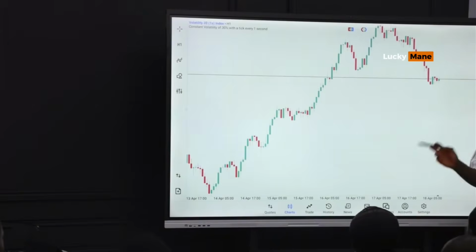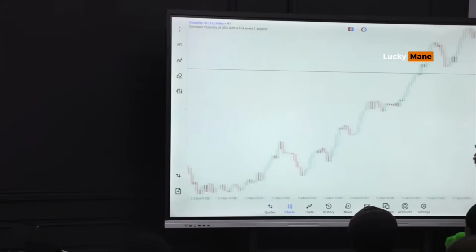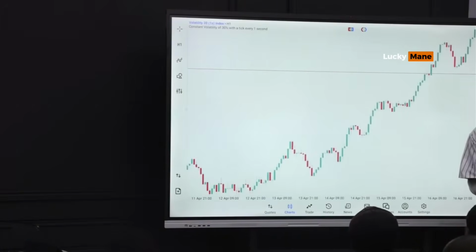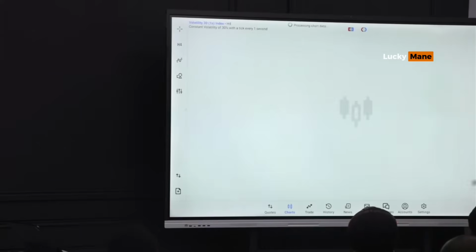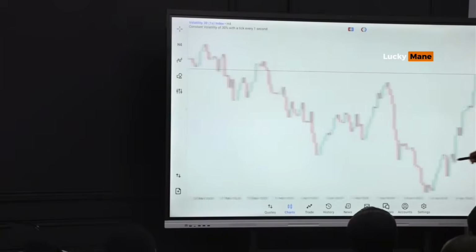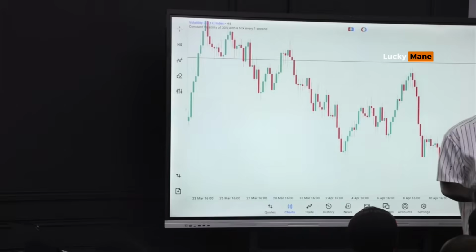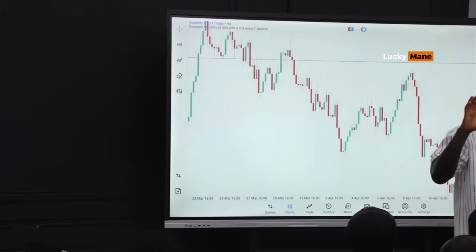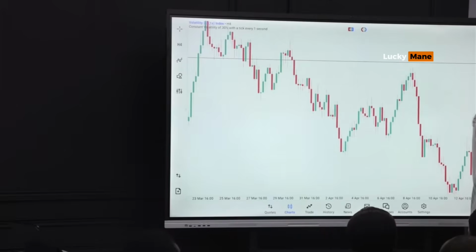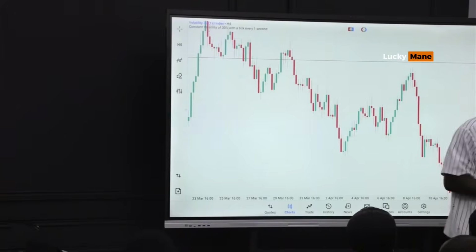I can't start my analysis from here, because that means I'm not seeing the totality of the market. If I go to H4, I cannot start here either, because if I scroll, I can still see the whole thing. Whatever time frame you start your analysis from, it has to show you the whole thing on the chart. You're seeing every part of it. That's the first one you have to start from.